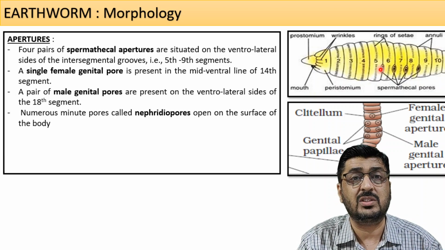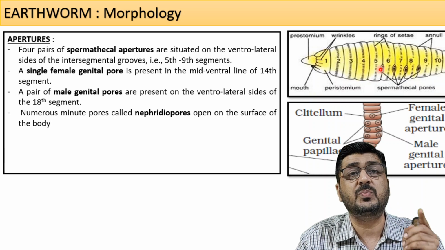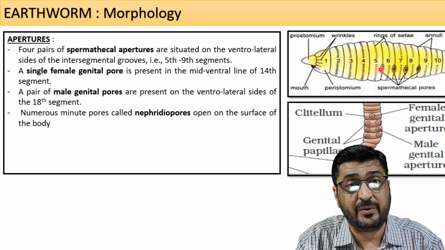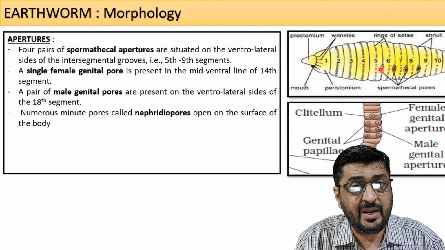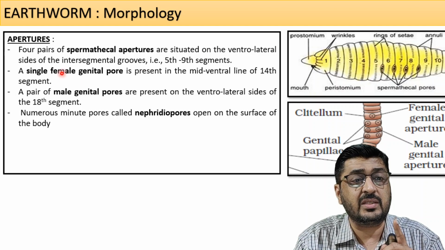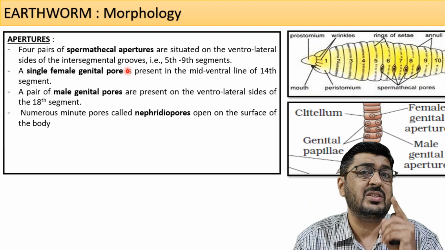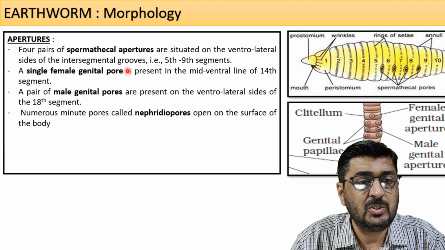Please be careful if the question is asked for the opening of spermathecal aperture or the spermathecal bag or spermatheca per se. If it is spermathecal aperture, the intersegmental groove description will come; if only spermatheca, the segment will come.